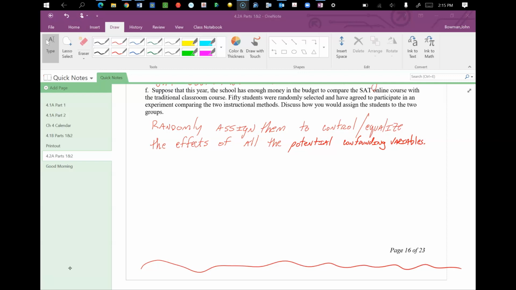Well, we have to use randomness to assign subjects to the two groups, the control and the treatment group. So a real simple answer to this would be to randomly assign students to the control or treatment groups, one of those two, and hopefully that random assignment would equalize the effects of all the potential confounding variables.